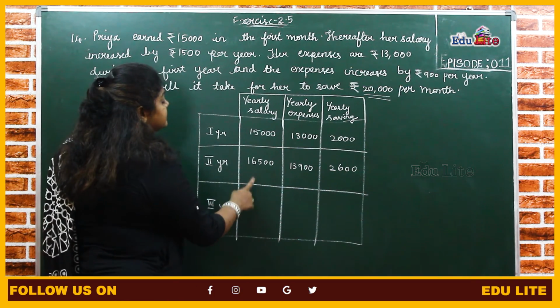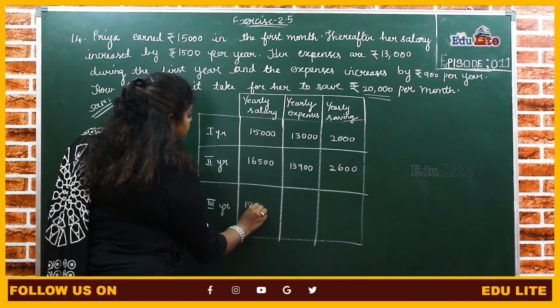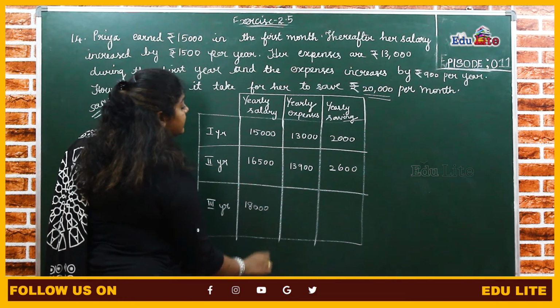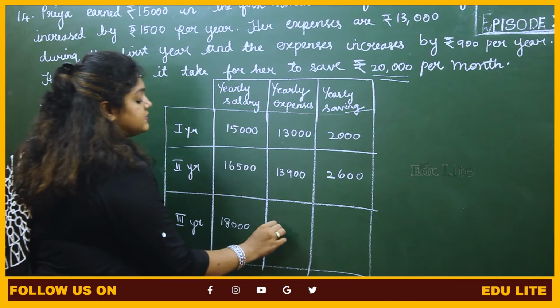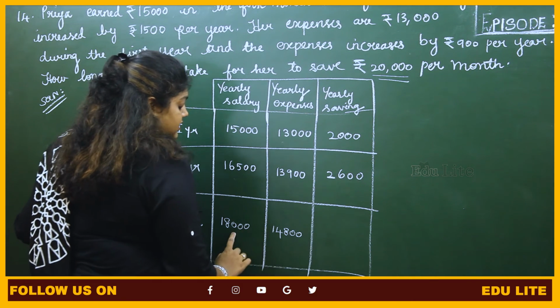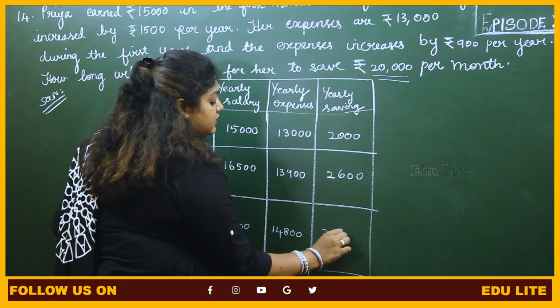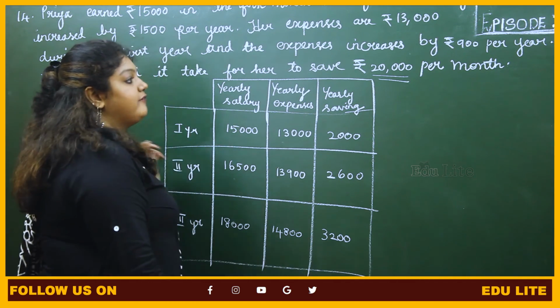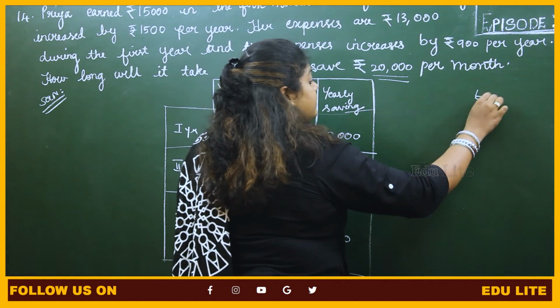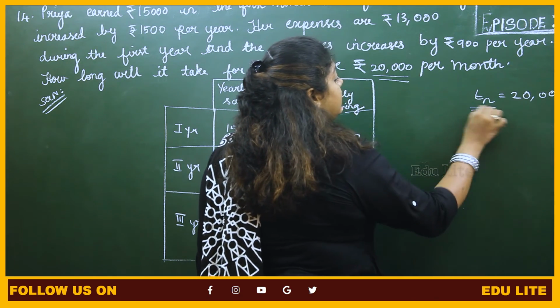In the third year her salary is increased by 1,500 again. It becomes 18,000 per month and her expenses become 14,800. So, she saves 18,000 minus 14,800, which is 3,200. Now, what we have to find is when she will save 20,000 per month, that is, after how many years.